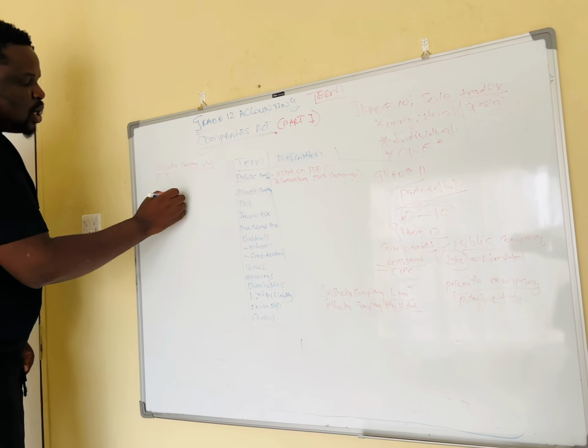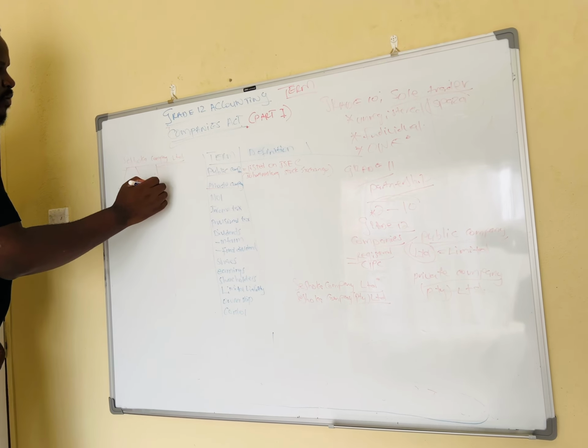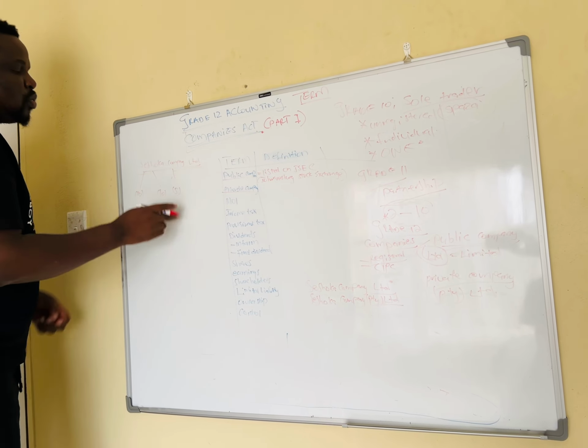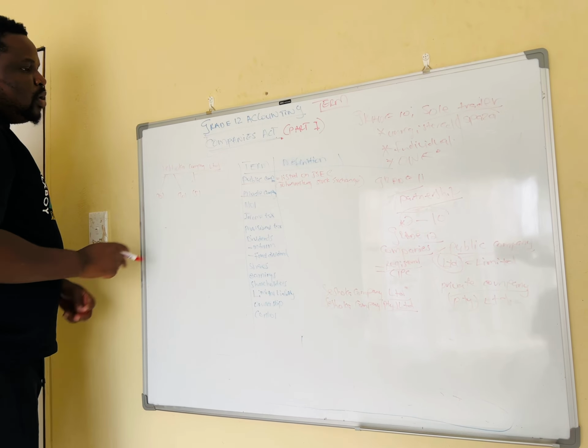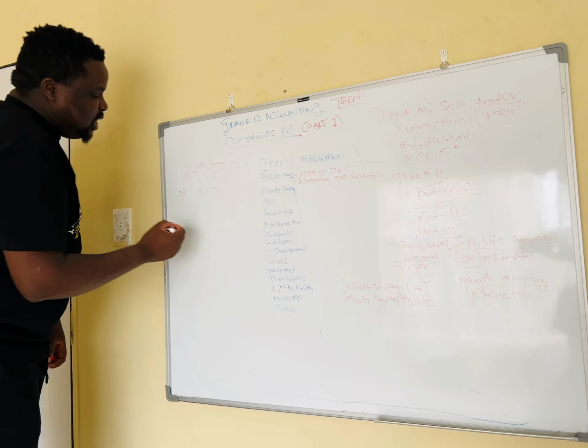Someone else can also come and own 10%. Whoever wants to buy the shares or be part of the ownership of this company can, and then how do they do it? They'll come and buy the shares.